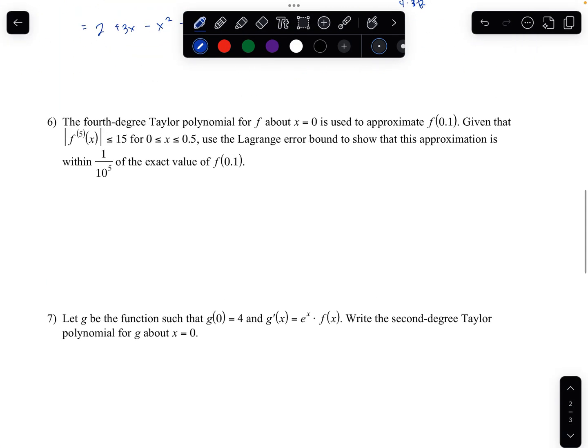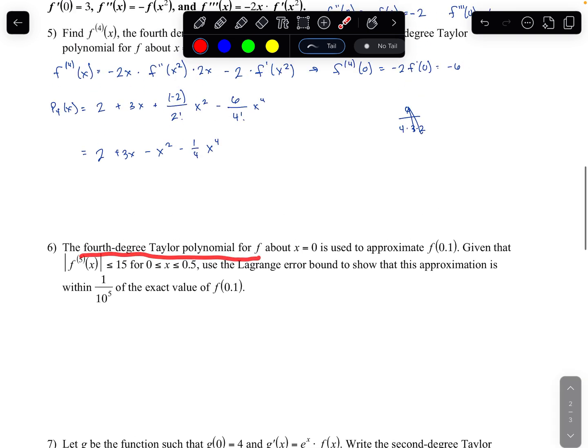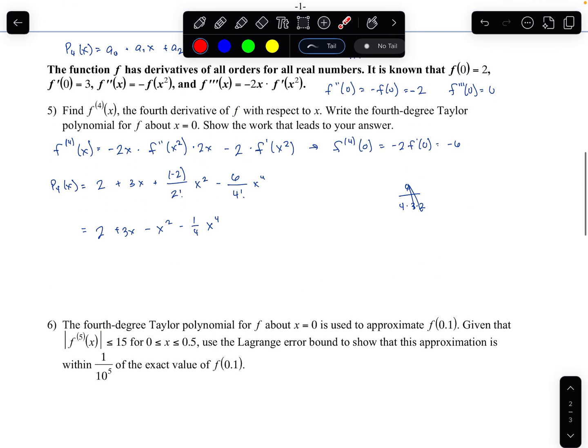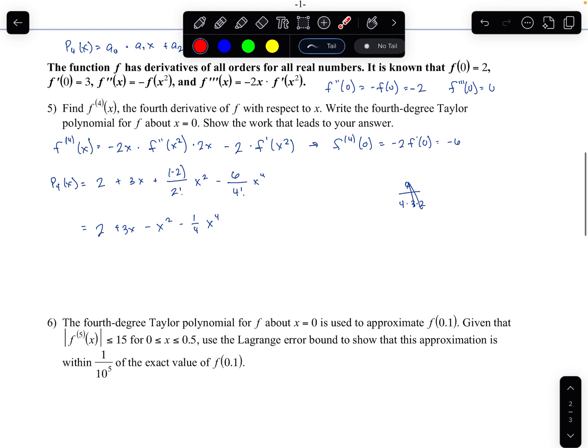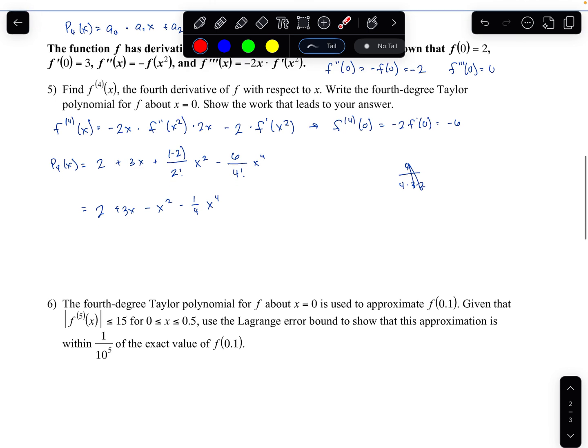For 6, the 4th degree Taylor polynomial for f about x equals 0 is used to approximate f of 0.1. Given that the 5th derivative of f is no greater than 15 on the interval from 0 to 0.5, use the Lagrange error bound to show that this approximation is within 1 over 10 to the 5th of the exact value of f of 0.1.